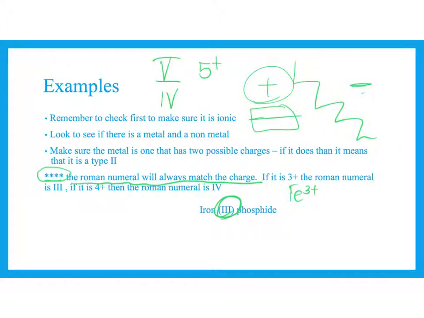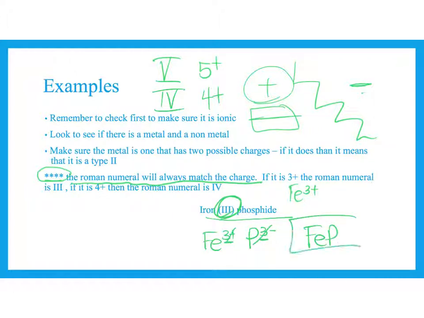If it is 4, that would mean it's 4 positive. So the Roman numeral is always going to match the charge. So iron 3 phosphide would look like this. Because iron is 3 positive and phosphide is 3 negative, they essentially cancel each other off, and we just get FeP.